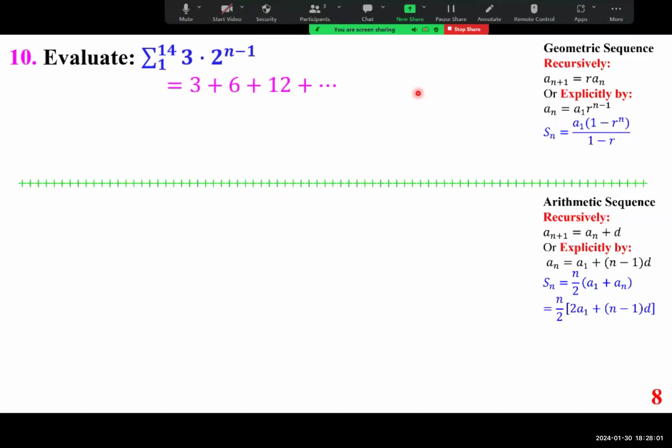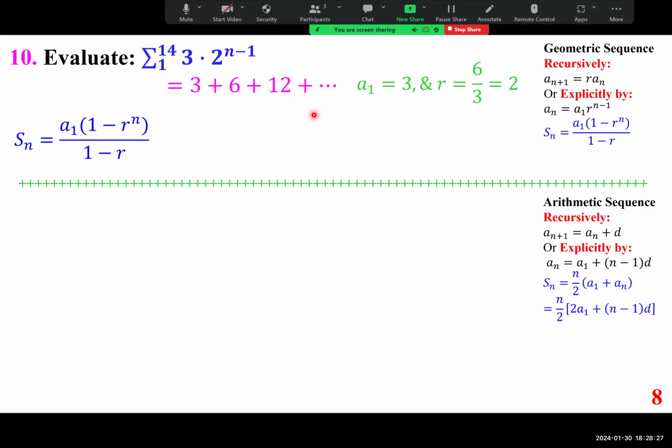And of course, you have to go all the way to 14. That becomes a fairly large number. So clearly a sub 1 is 3 and r is 6 over 3 or 12 over 6, right? Which makes it 2. So we could have seen that in the first place. But if we didn't, now we can see that. And so we are going to use this formula in order to find the summation of 1 to 14.